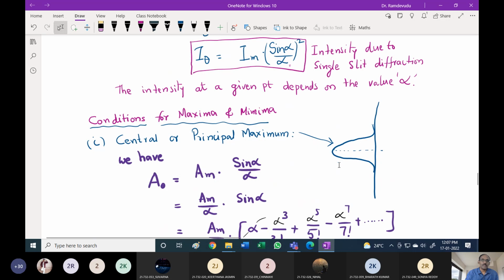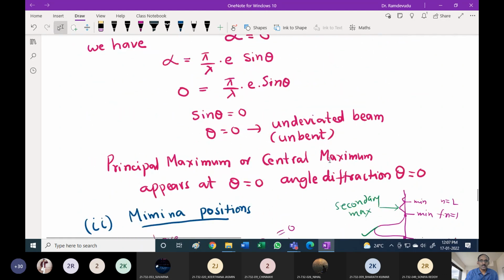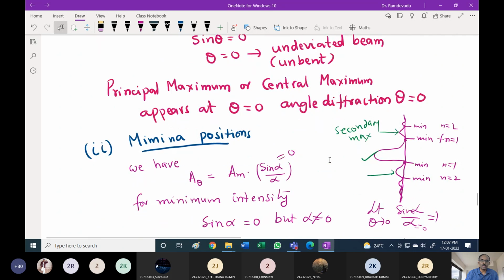Thereby, we calculated the conditions for central maxima, or 0th order, or what we call the principal maximum. Then we saw the positions of minima also. The diffraction pattern consists of alternate maxima and minima, and the maxima are not of equal intensity. They decrease with increasing order, or increasing n value.